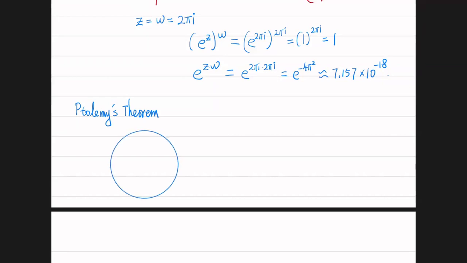Pick 4 points on the circle, kind of arbitrary. Label them A, B, C, D. We connect the 4 sides.